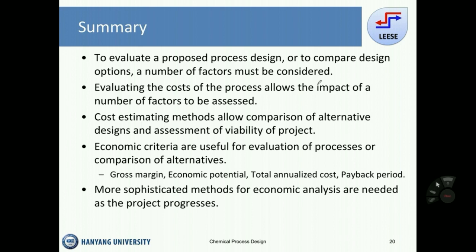Without having profitability, we are not able to continue our engineering project. So we reviewed how to calculate the capital investment and the other operation cost evaluation. So I hope you understand the importance of economic costing in the context of chemical process design.